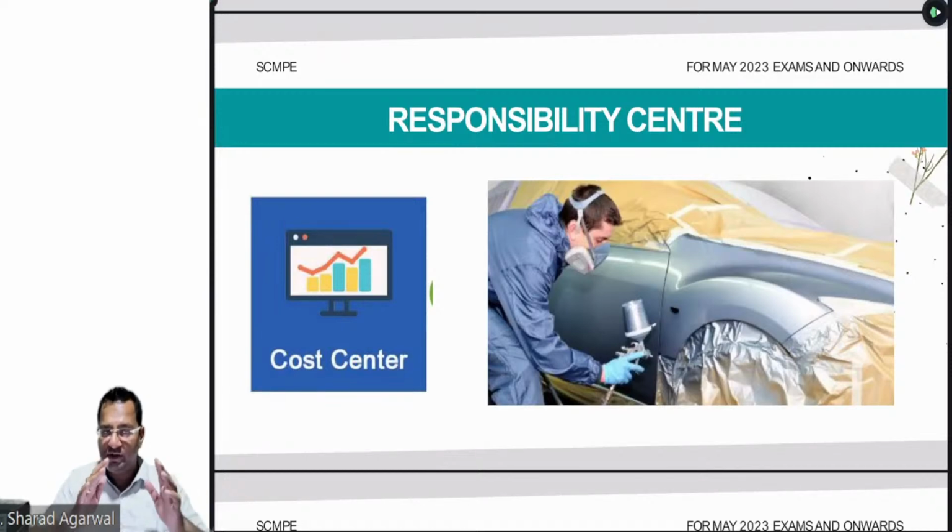Because if the department is focusing only on cost control, chances are that the variance will either be zero or the variance will be adverse. When the cost variance is favorable, that is, if the cost incurred was less than the standard, then definitely the department will be rewarded.